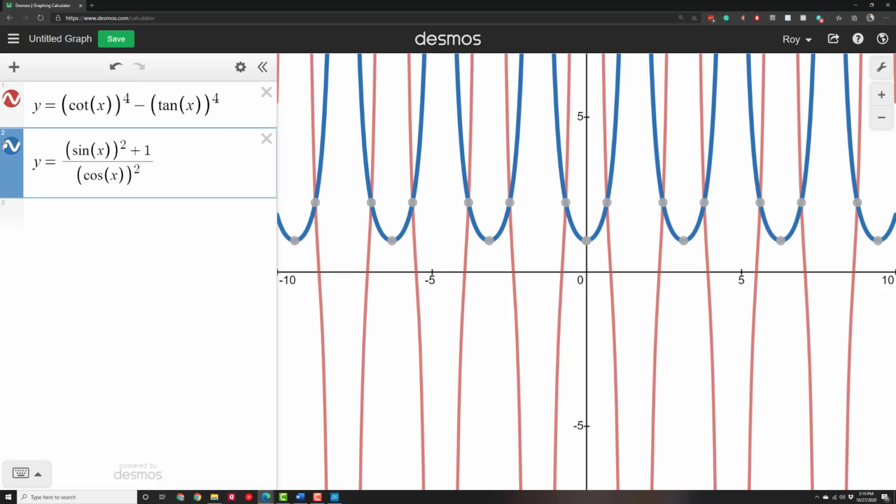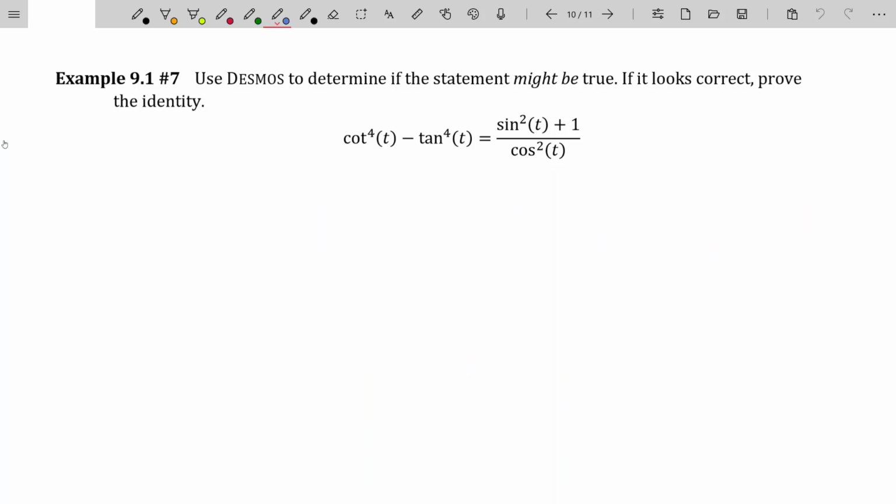It's not an identity. Therefore, this statement is definitely not true. So not an identity. And that's all I need to say there. So that's a very nice example, sorry about the bad handwriting, of how to give a counterexample or how to show that a claim is not true.